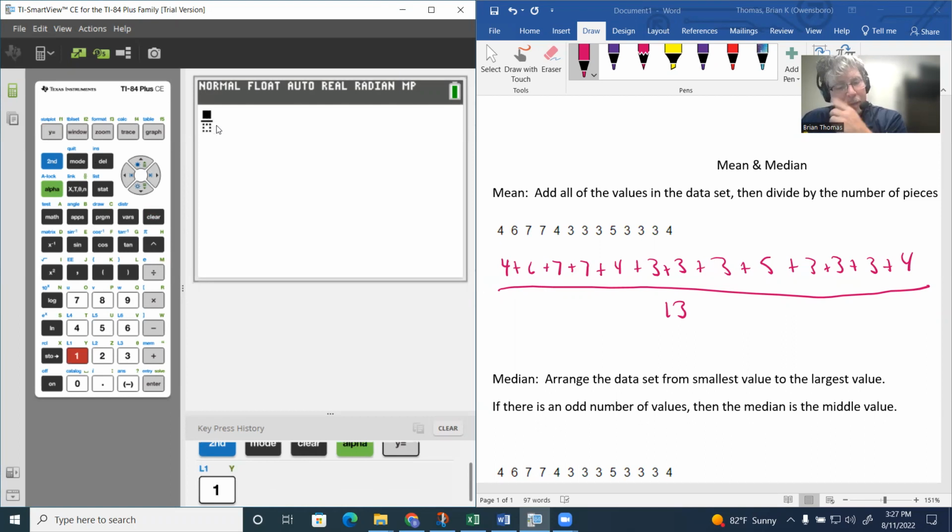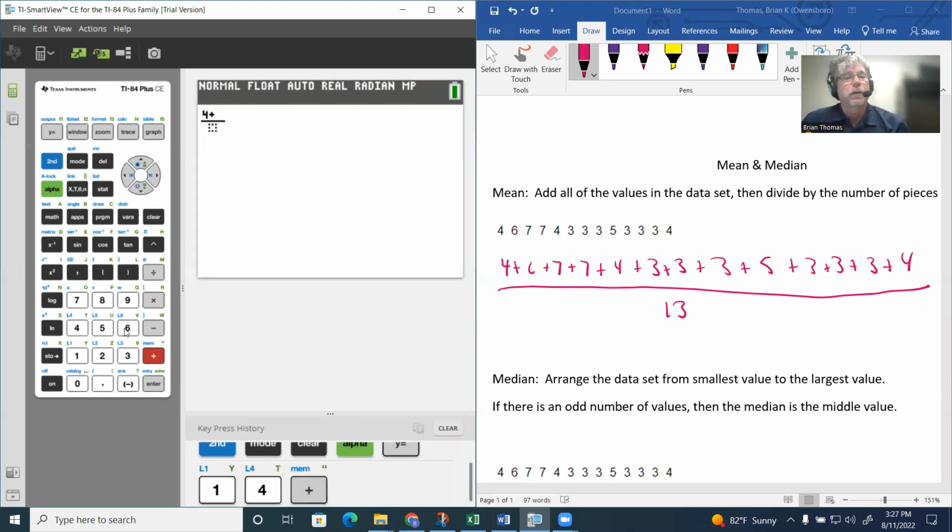Notice how it gives me a top and a bottom. So what I can do is type in 4 plus 6 plus 7 plus, you get the idea. I'm going to pause the video for a second and type that in.